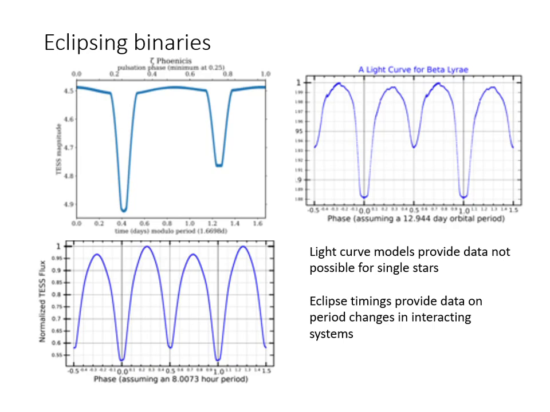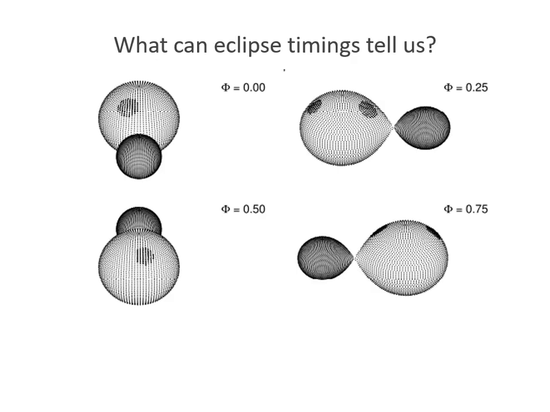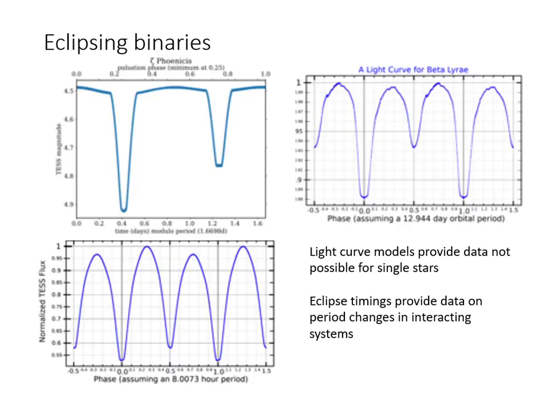Now, the light curves of eclipsing binaries provide an enormous amount of information that you just don't get from single stars. The mutual interaction between the two stars as they go around each other provides information on both the components in different orientations, and so you're able to build up an incredibly useful picture of the diameters, the masses of the stars, and indeed their distances.